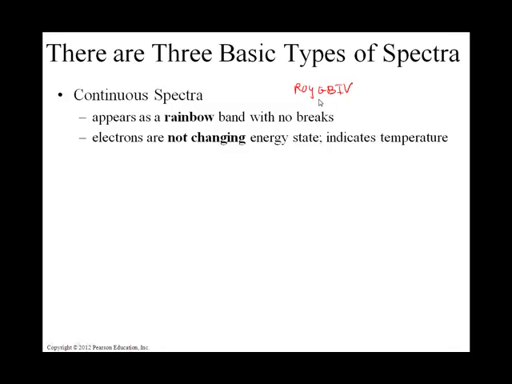Basically, think of these as my energy levels that electrons can hang out at. We have all possibilities of transitions, and they are all falling down. Okay, so we got an assortment of energies being released, and you end up with a complete rainbow, no breaks.